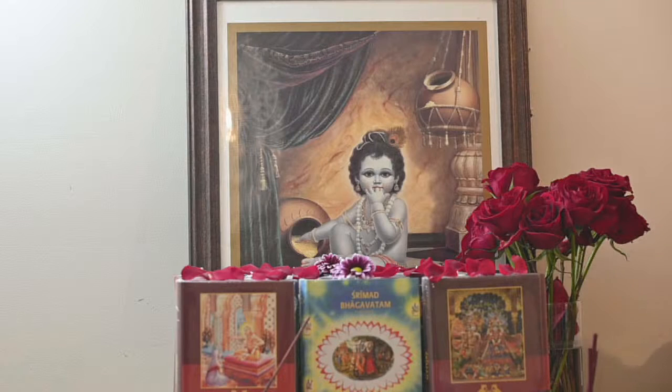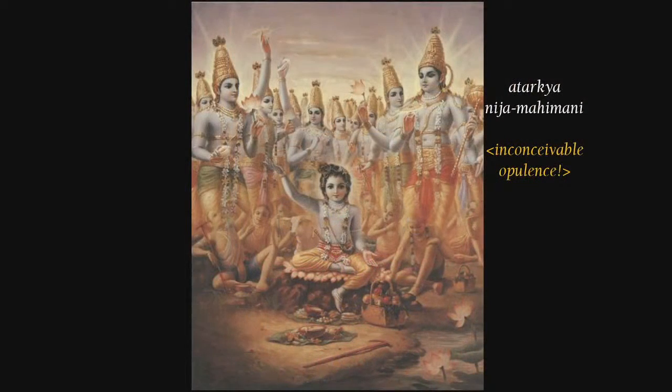From a rasa point of view, there are five primary mellows or rasas. And there are ways to stimulate those rasas, to enhance them, enrich them, or variegate them in such a way that they become heightened.